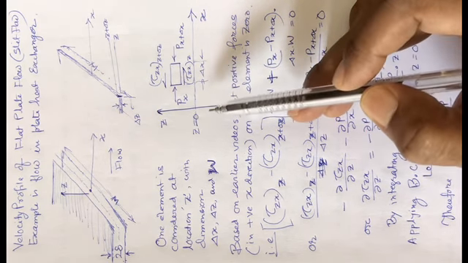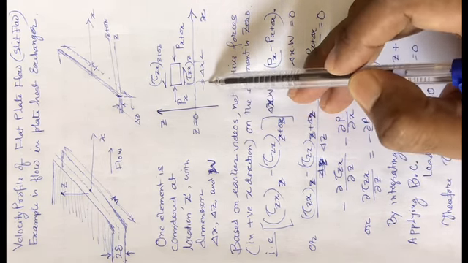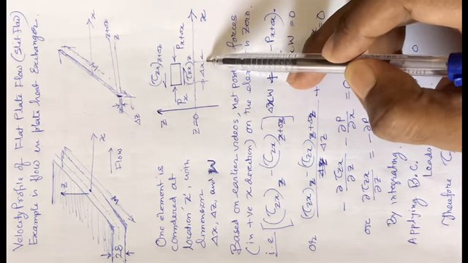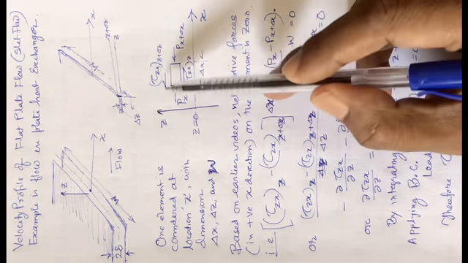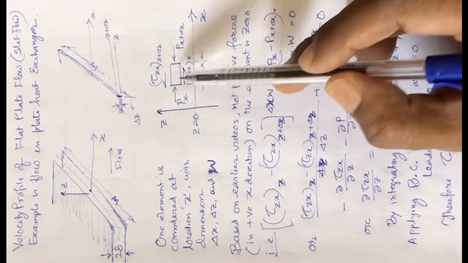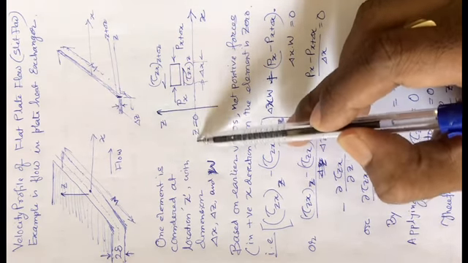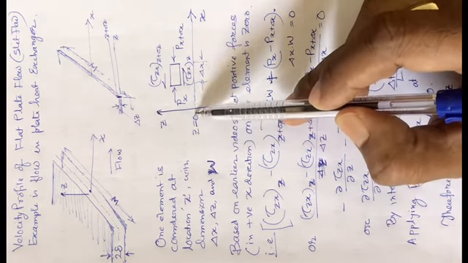From some position x on the left hand side, this position here will be x plus delta x, and this height is delta z. We are showing that it starts from z equal to 0.